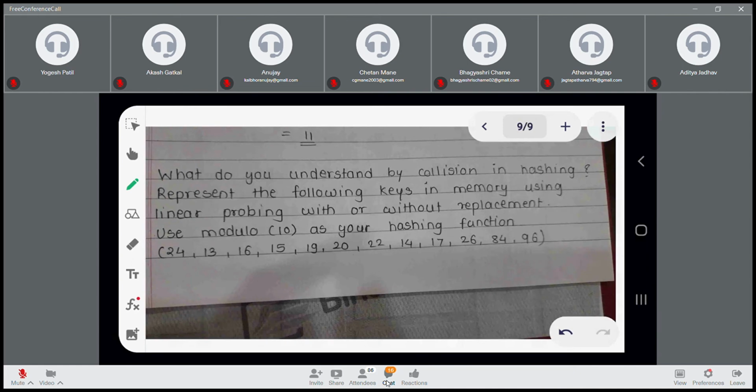Note down the example. Note down this example fast. Finished?